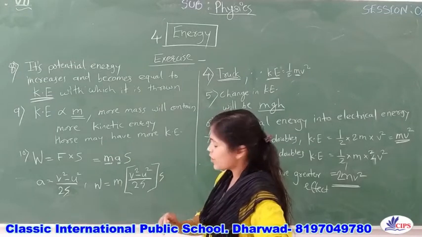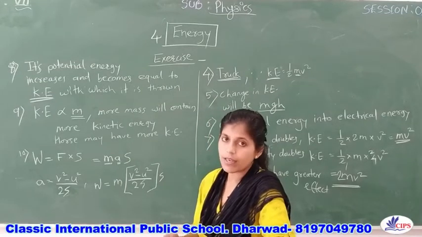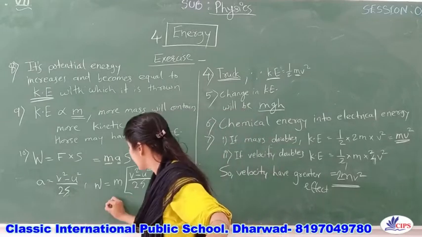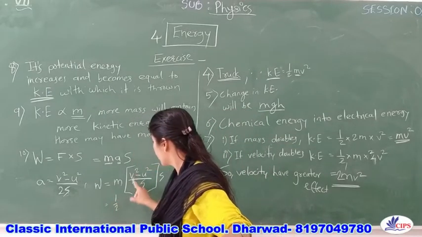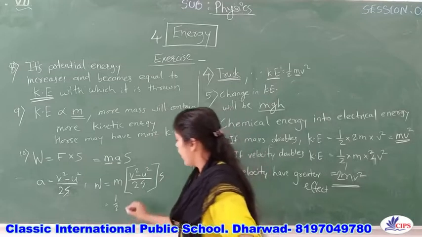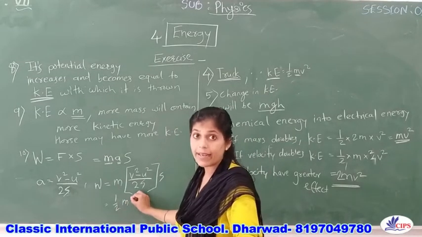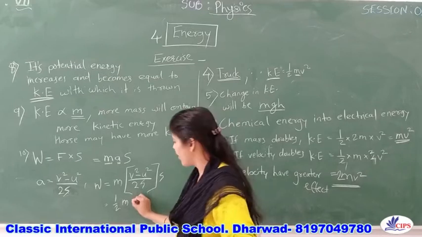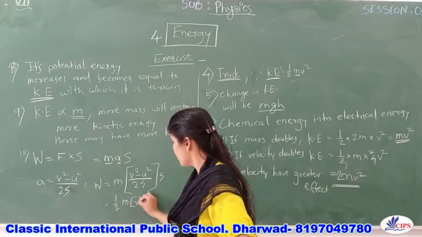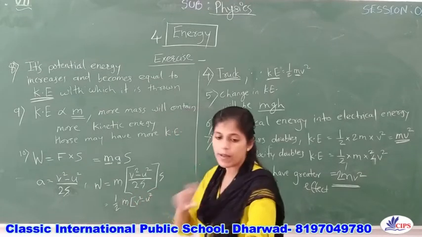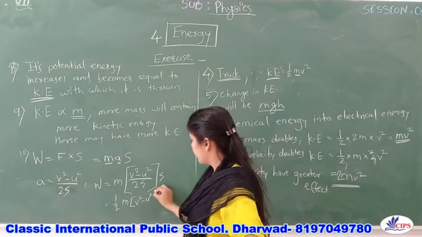After this, what will you get, children? Yes, you can say the same statement as half m, as it is outside, into the bracket v square minus u square, right? Bracket complete.